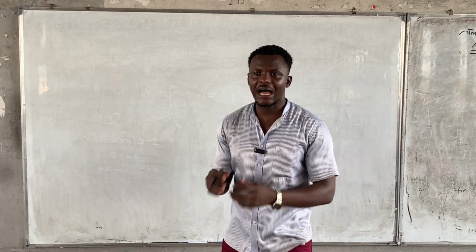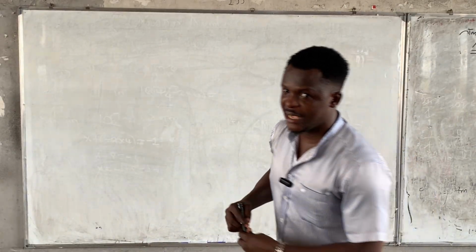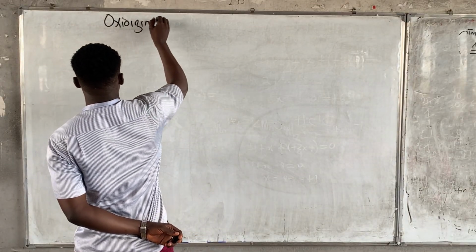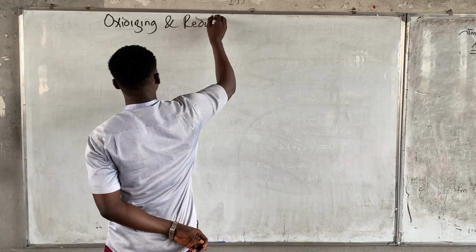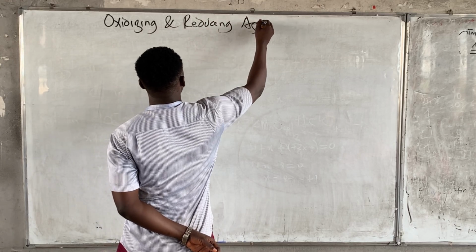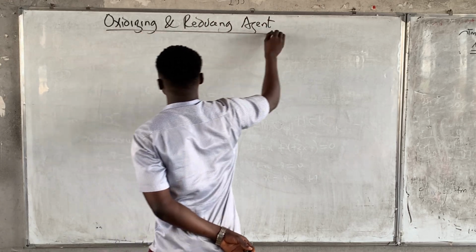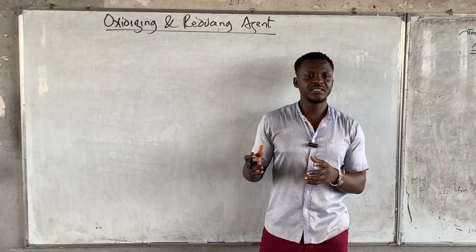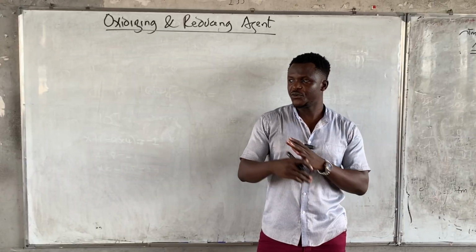Now, another thing I would like us to understand here is what we refer to as oxidizing. They can give you a reaction and ask which of these is an oxidizing agent and which is a reducing agent.